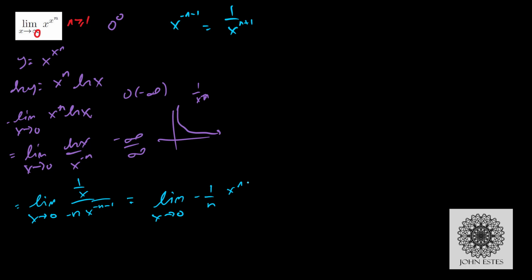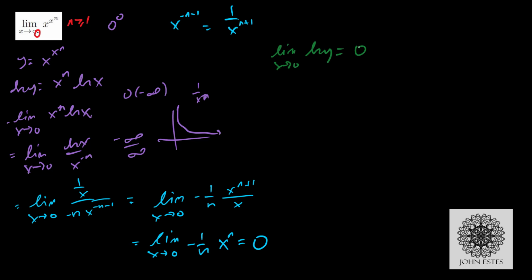And so here I can simplify my algebra. Bring that x to the n plus 1 to the top, divided by x. And so I get negative 1 over n, and I need to cancel out 1 power of x, so I get x to the n, which goes to 0. Now just like last time, recall, this is the limit as x approaches 0 of ln y, we get 0.